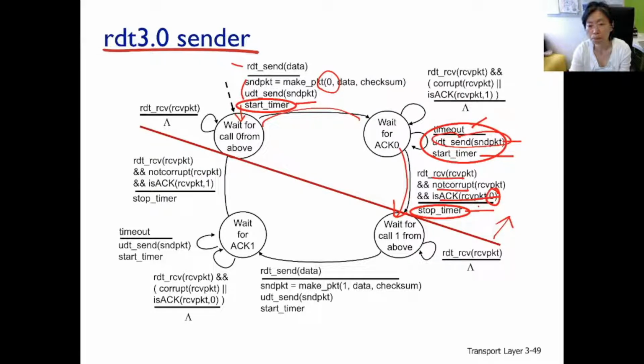Now, what is a bit unusual is in this transition. So what is this transition in 2.2? Well, the packet coming back from the receiver, if it's corrupted, or if it's clear that it's a negative acknowledgement, previously what did we do? We retransmit the packet, right? Like calling UDT send packet here. But we actually do what? Nothing this time. Would that work? If it's a corrupted ACK or a negative acknowledgement, and we do nothing, would that work?